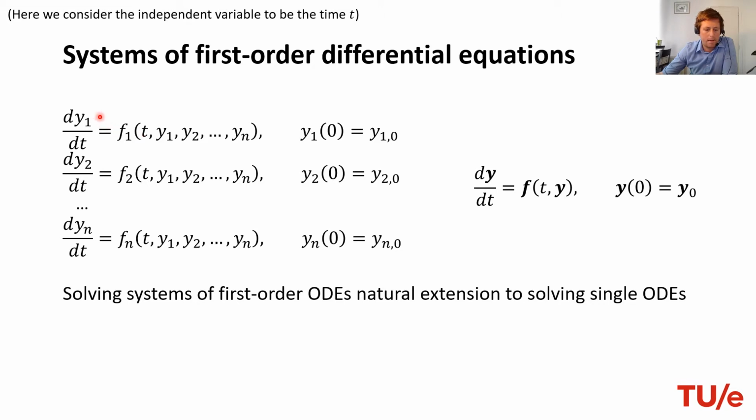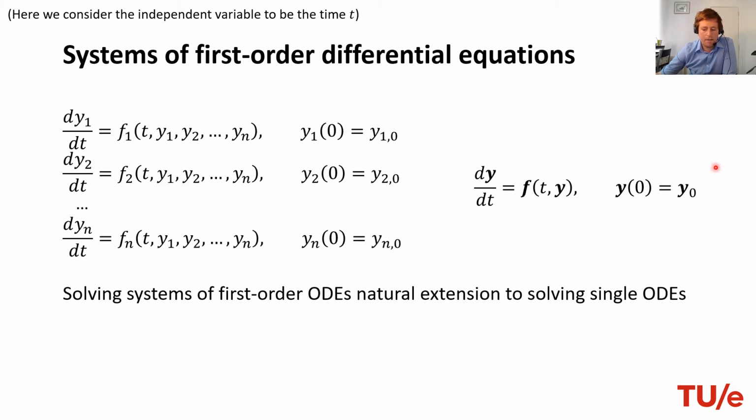So we have n functions that we want to find, y1, y2, up until yn, which are governed by these functions f1, f2, and fn, where every function can depend on both time and all the other unknown functions. And we also have to supply initial conditions for each and every function of this system.